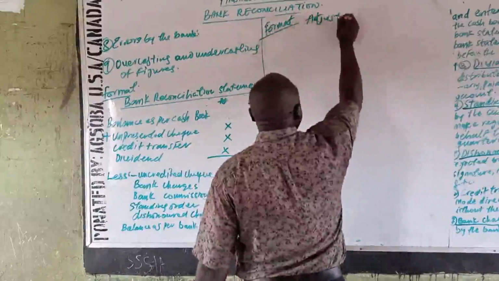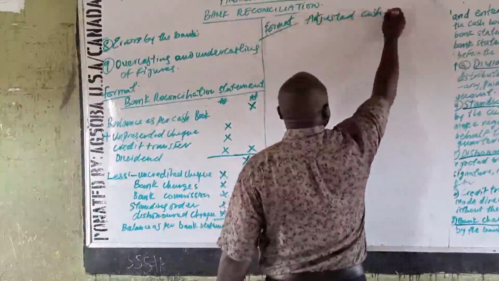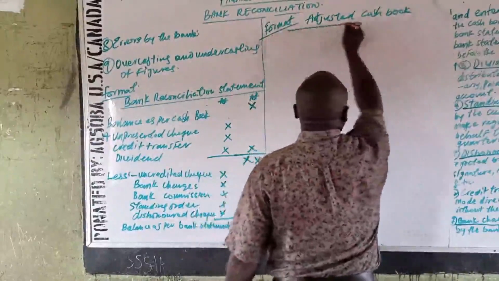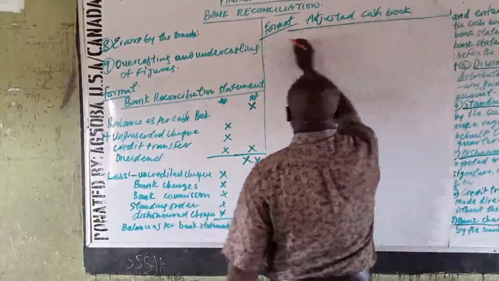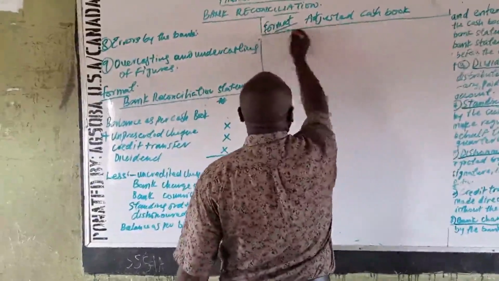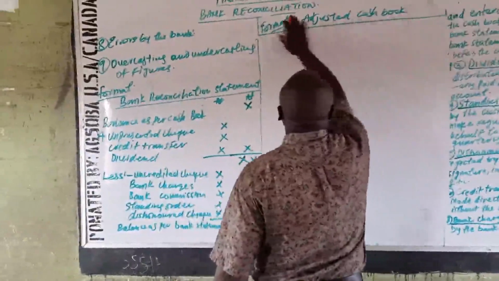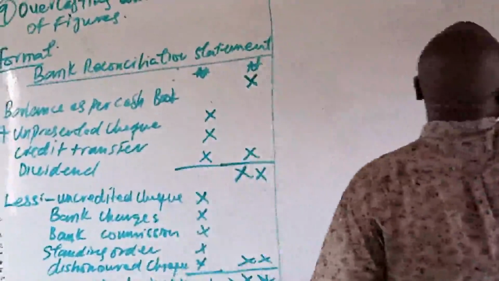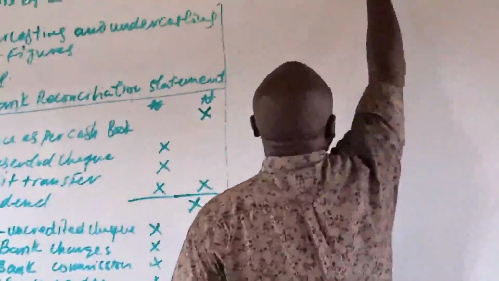Adjusted cash book. All you need to do is to put the debit and the credit into the format.